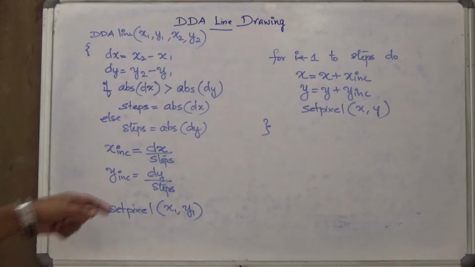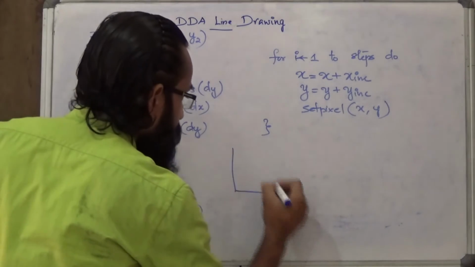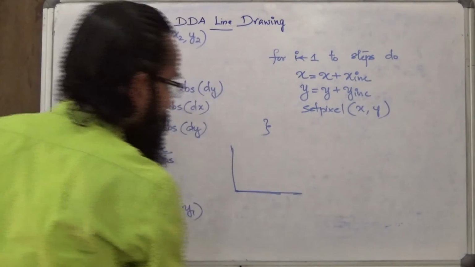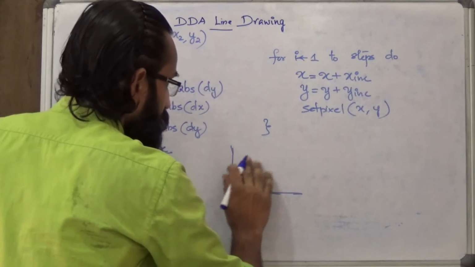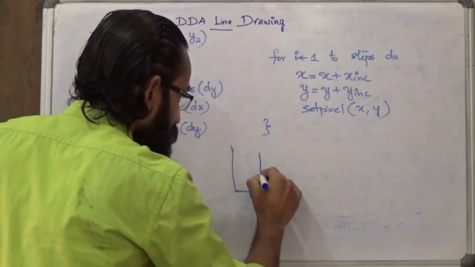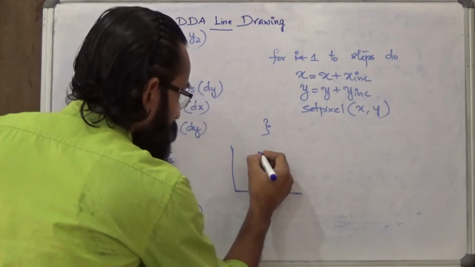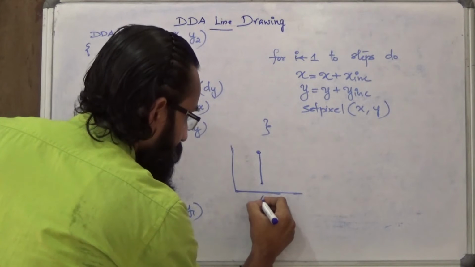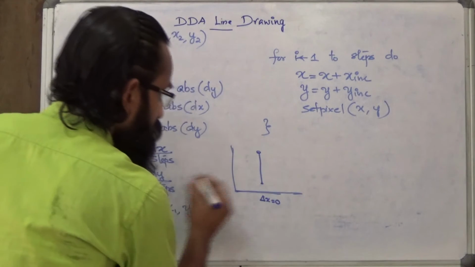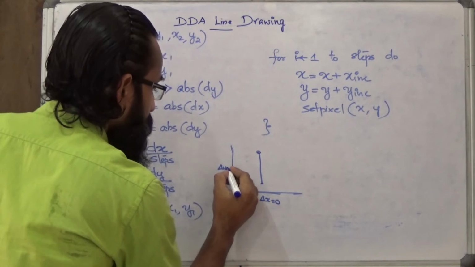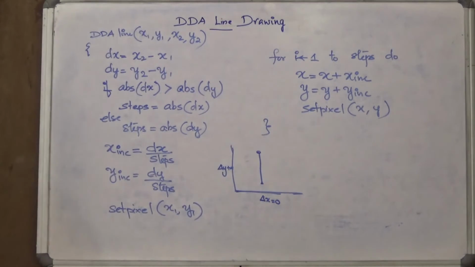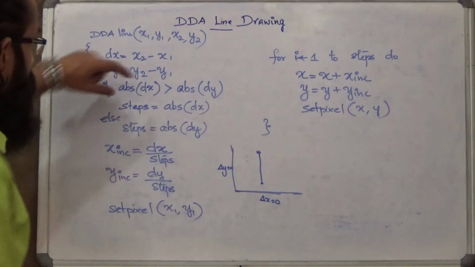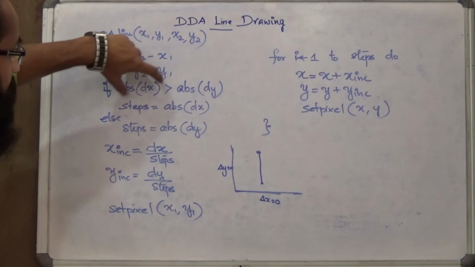Now let us consider this particular line, or you can consider a vertical line. So here delta x is equal to 0 and delta y is positive. What happens is, at this point it will be checking whether modulus of delta x is greater than delta y.